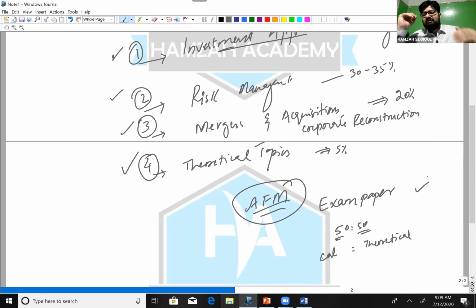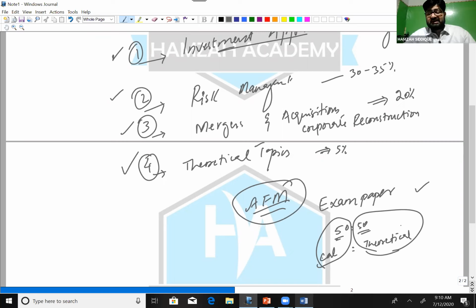You will see, when we solve questions in class from past exam papers, I will be analyzing that the calculation part takes the majority of the time of our exam. The theoretical part, if you have prepared it, will take a smaller portion of the time, but it is still more rewarding. Less time, more marks.